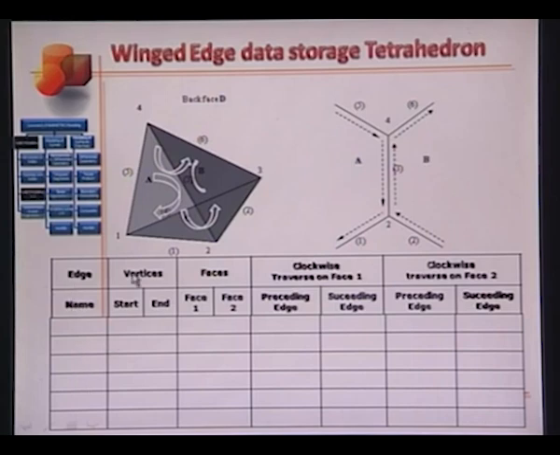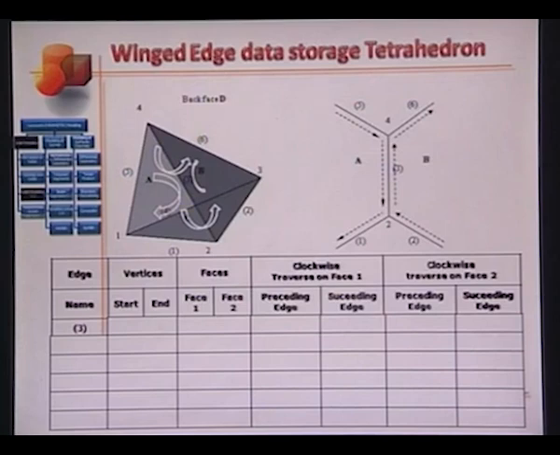For each edge, we'll have a start vertex and an end vertex. There will be two faces incident on the edge, face 1 and face 2. If you perform a clockwise traverse on face 1, what is the preceding edge, what is the succeeding edge, and likewise, if you perform clockwise traverse on face 2, again, what the preceding and succeeding edges are. We'll record all these.